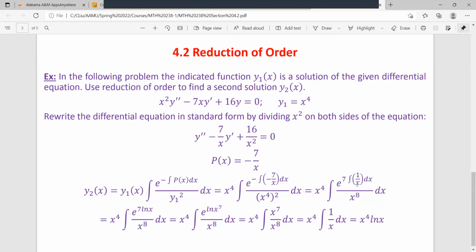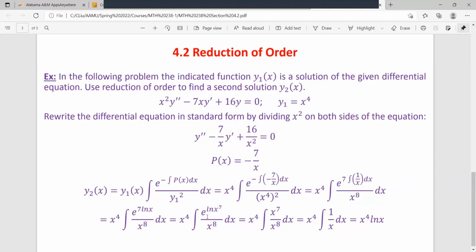By the way, normally you should get the natural log of absolute x, but since we only want to find one y2, we just choose the function to be natural log of x. And then we get the 7 in the front again, but that can be placed into the exponent for the x of the natural log. So that becomes e to the natural log of x to the 7, which is x to the 7.